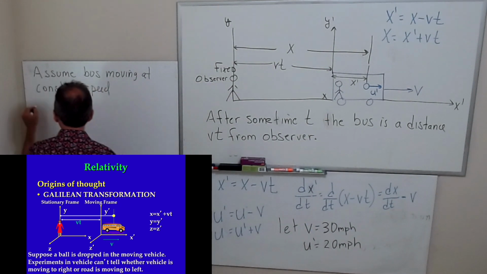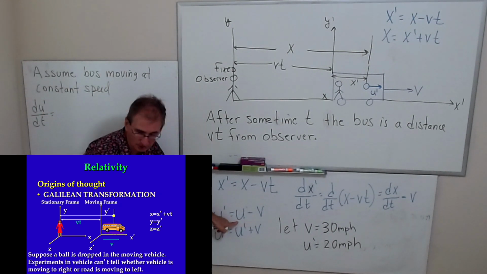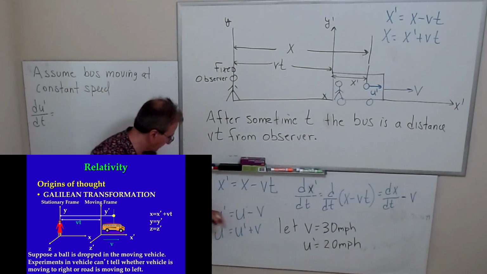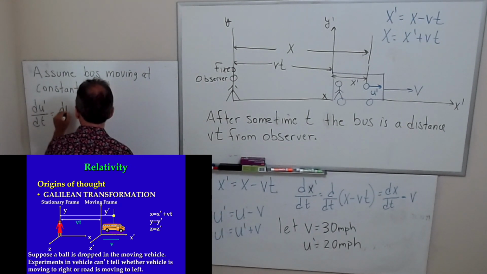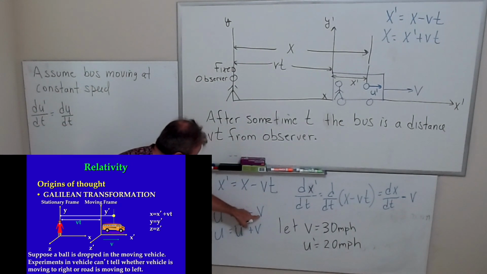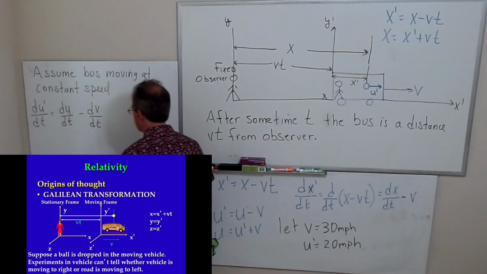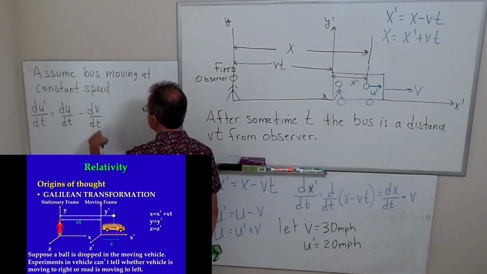So I want to take du prime over dt. Well, that means I got to take the derivative of this with respect to time, and the derivative of this with respect to time. But I'm saying that this speed's constant, so this is 0.